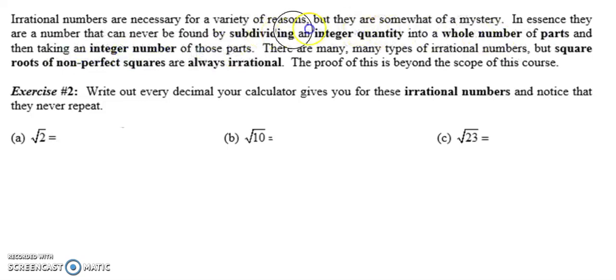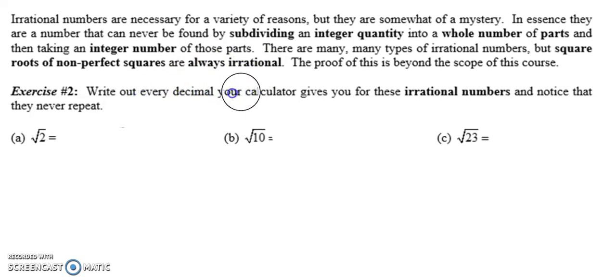I know it's kind of hard to understand. Don't worry so much about that. There are many, many types of irrational numbers. Think of pi, that's the most popular one. Also, every square root of a non-perfect square is always irrational. So if it's not a perfect square and you try to take the square root of it, it's going to be an irrational number.